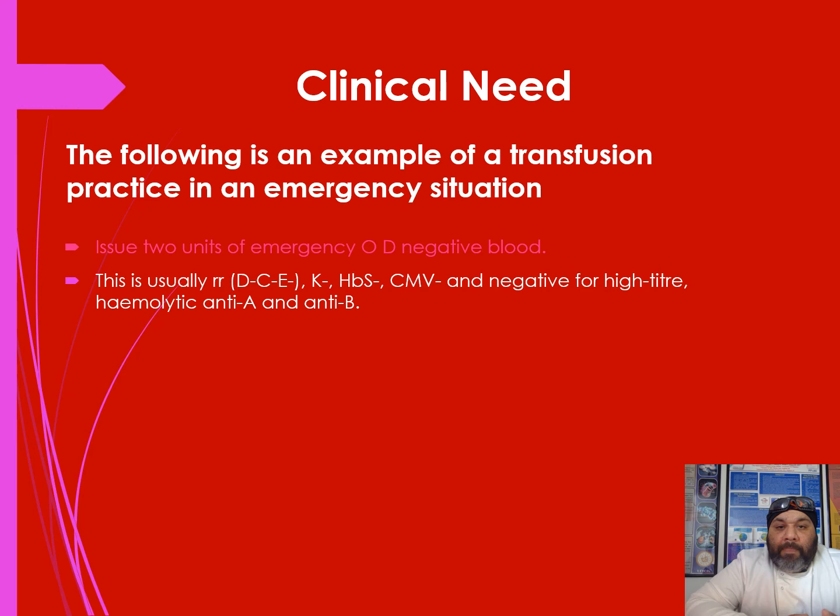Then there is also where usually this is also usually where small r, big D, big C, big E, big K negative, and HBS negative, CMV negative, and negative for high titer hemolytic anti-A and anti-B are issued.